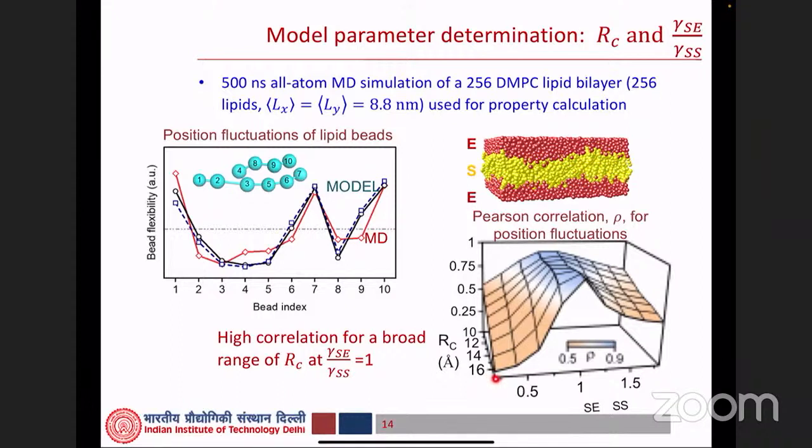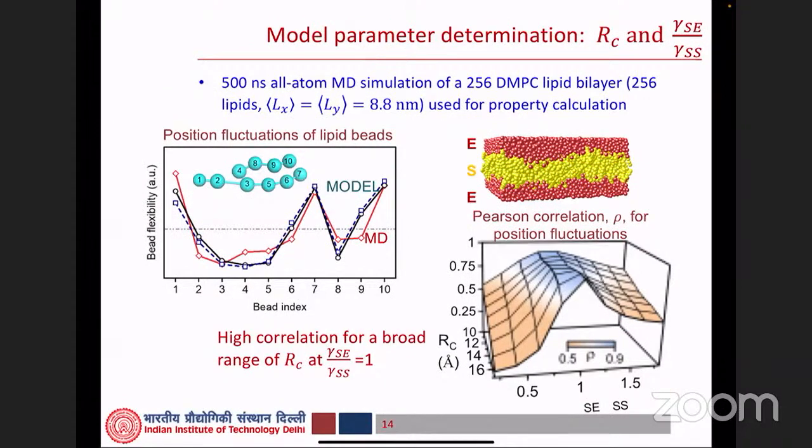Here I'm comparing the Pearson correlation for position fluctuations between the model and the MD simulation. If I don't include the environment, I get a very small value of rho. But if I include the environment, the maximum comes approximately around gamma SE by gamma SS equal to 1. So I get a very high correlation between the MD fluctuations and the prediction from the model. Therefore, I include the environment in our answer.